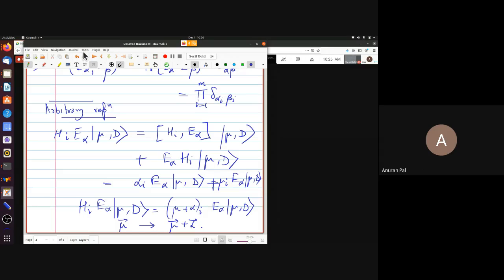Sir, in this case, the HI in the HI E alpha is not the adjoint representation. It's just, no, there is a generator in that particular representation. Remember, when you're talking of any representation, and you say it as an operator of that representation, it has to be that, right? It can no longer be the adjoint representation.